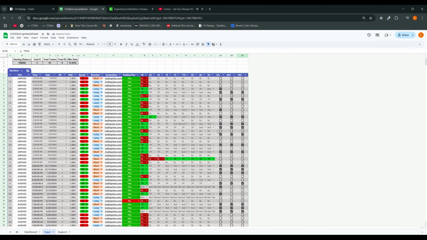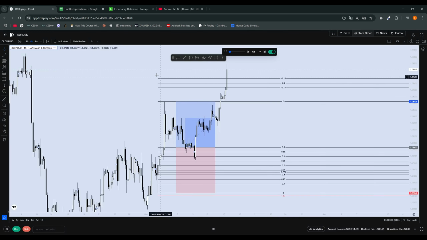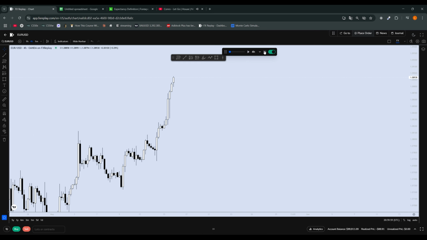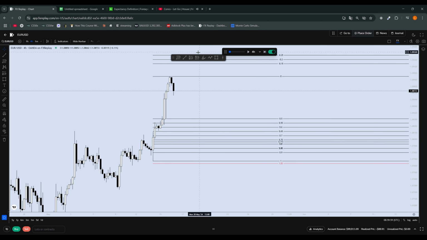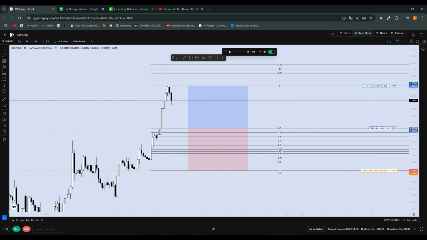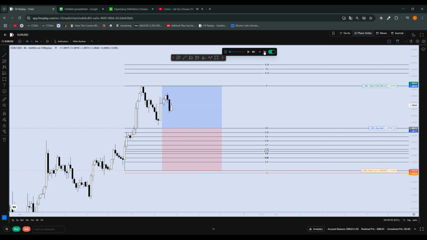I found it interesting, and I hope it's of some value for you. This is another range.